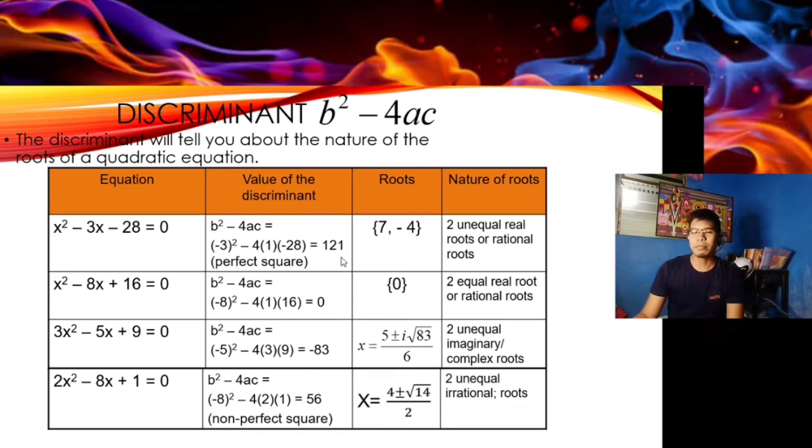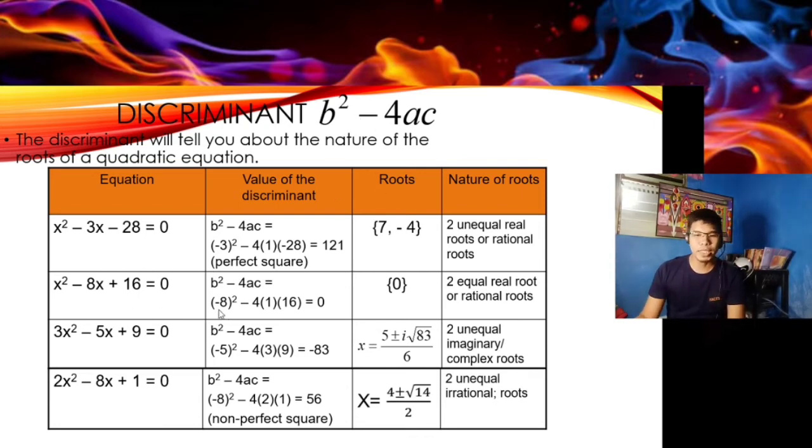So if the discriminant is positive and a perfect square, the nature of the roots is two unequal real roots or two unequal rational roots, and that is 7 and negative 4 from our solving. But we don't need to do this since we're just asked about the nature of the roots. So if we're just asked about the nature of the roots, we're just going to use the discriminant.